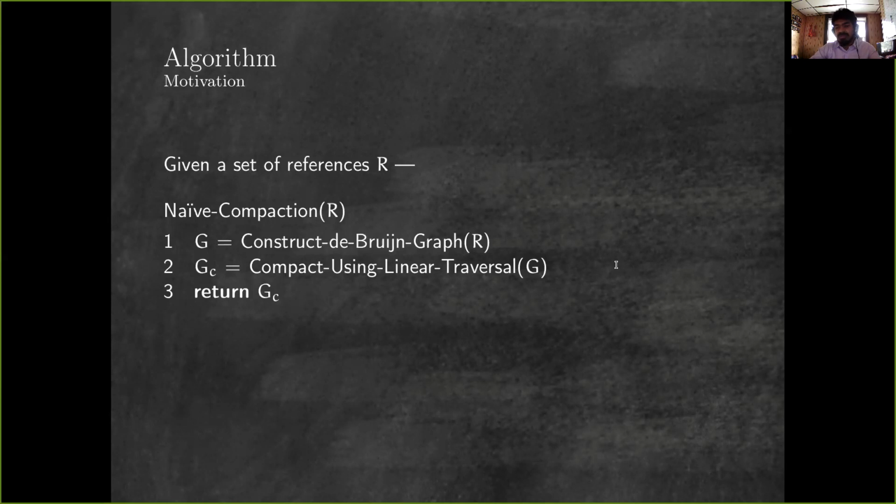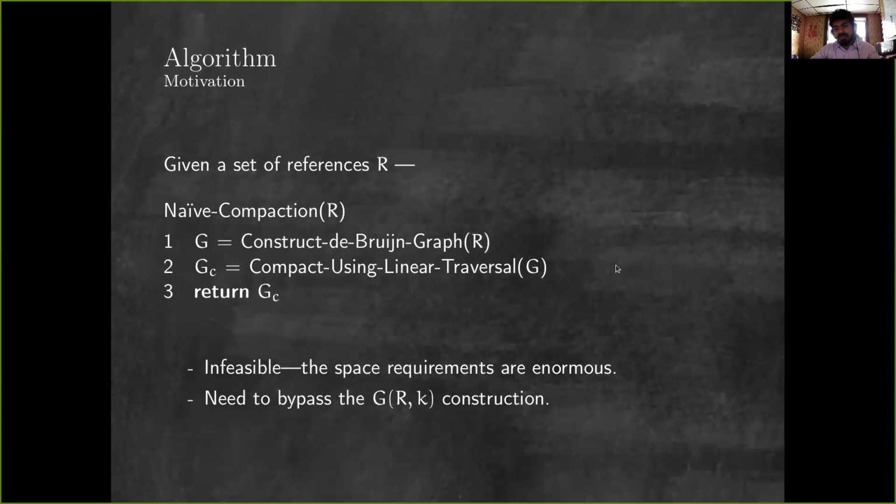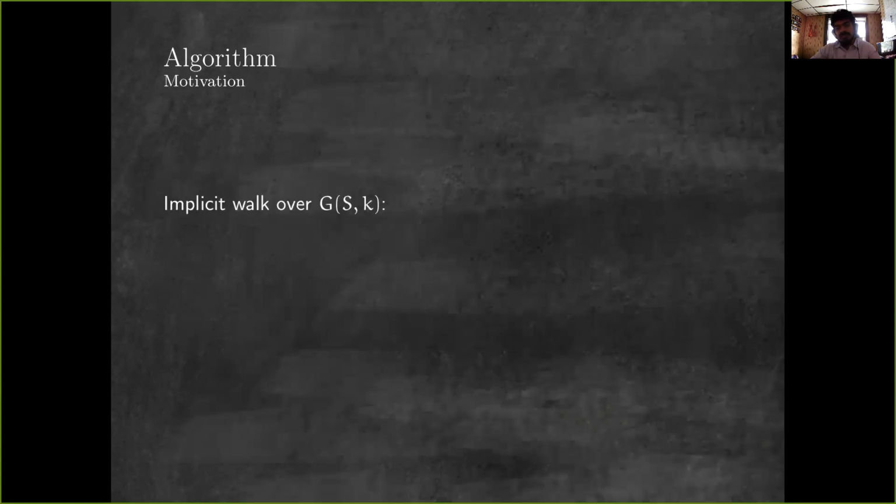Then, using some linear graph traversal algorithm like the depth first search or the breadth first search over G, you can enumerate all the maximal non-branching paths in one go, which provides you with the compacted graph GC. Now, this approach can quickly become infeasible for moderate to large-sized genomes due to the enormous space requirements of the ordinary de Bruijn graph G. Hence, what we need is some sort of construction algorithm for GC that may bypass an explicit construction of G.